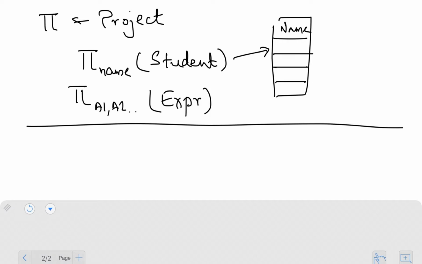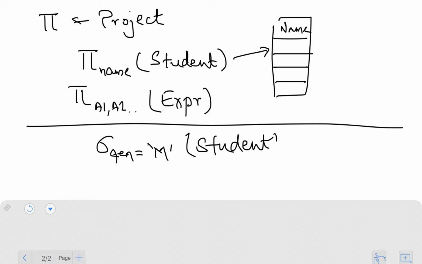So I'm going to say select gender equals male from student, and then from this whole thing just give me the name.